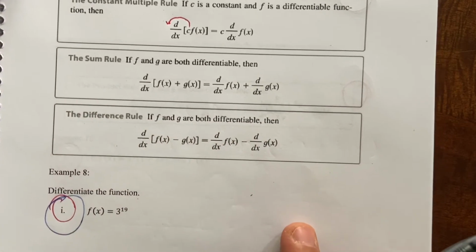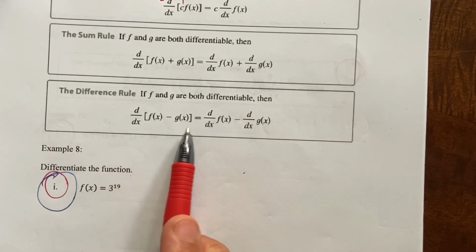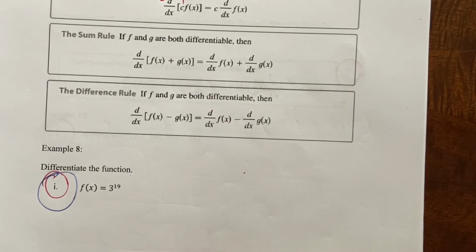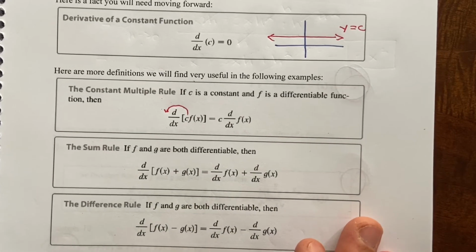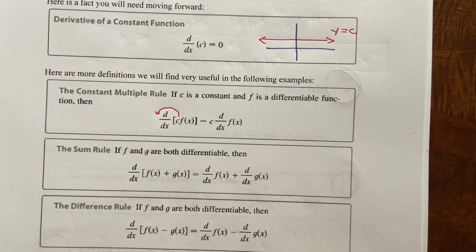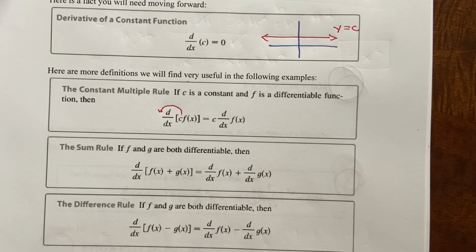If you have a difference, the derivative of a difference can be written as the difference of derivatives. So you're going to get a lot of practice at using these. Yes, you need to know all of these, but really they're going to be so often used that I don't know if you'll have a choice in knowing them or not.